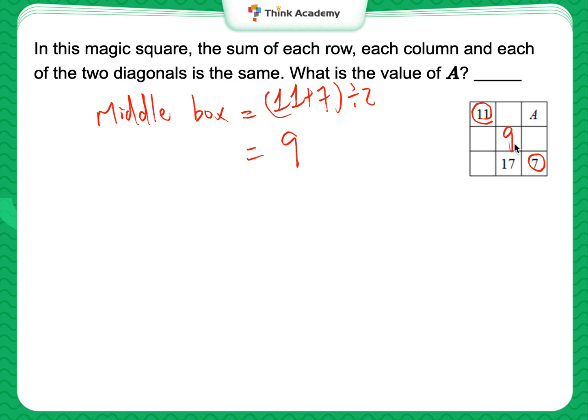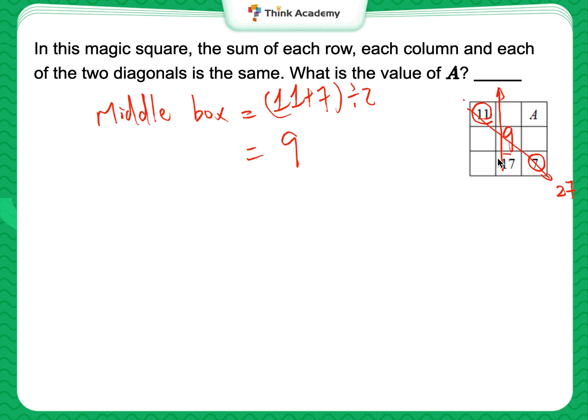Now I want to find the value of A. Apparently there are many ways I can do it. The first way is just to find the sum in each row, column, and diagonal. So that's going to be 11 adding 9 adding 7, which is 27. Now I can use the sum 27 to find the top box.